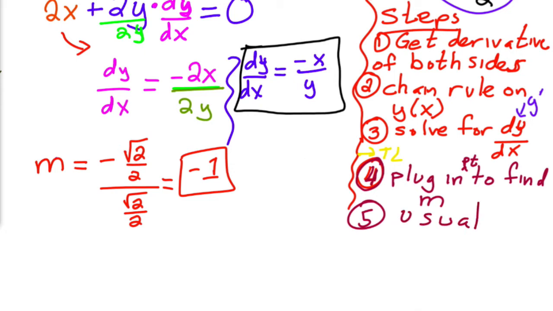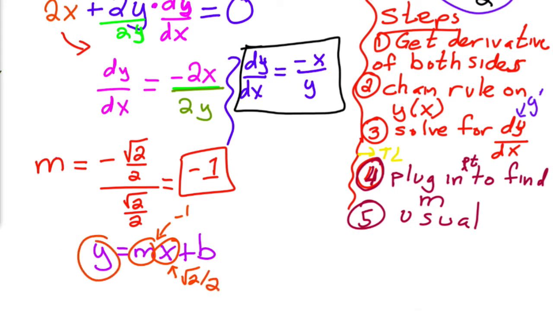So we already know the steps. We find the slope, then we write down y equals mx plus b. We plug in our slope, negative 1. We plug in our x value, root 2 over 2. Plug in our y value, root 2 over 2. And if I solve for b, I get that b is equal to positive square root of 2.